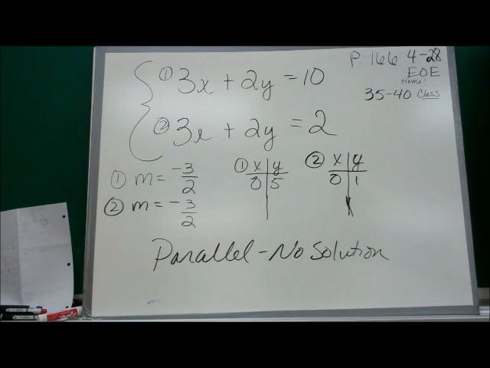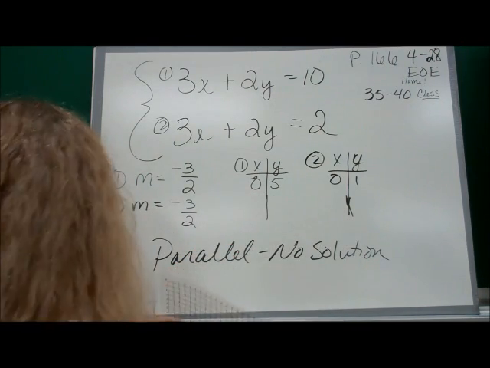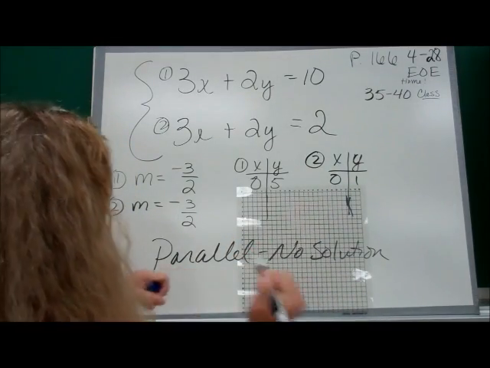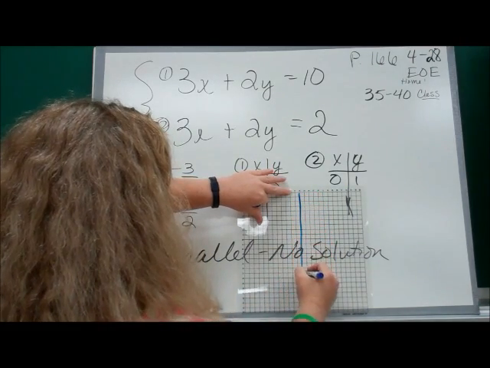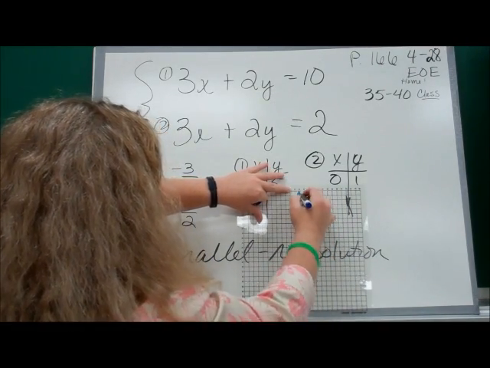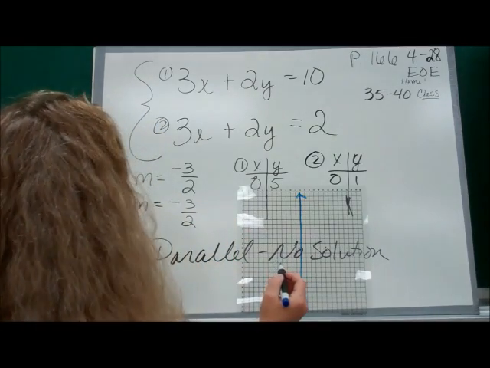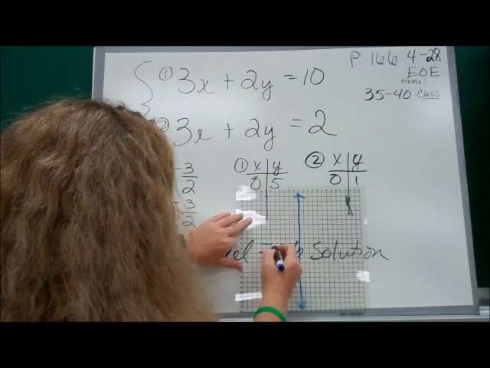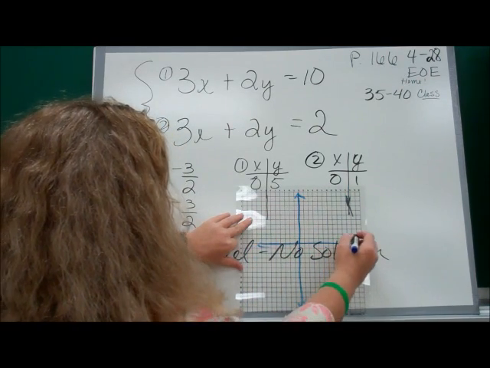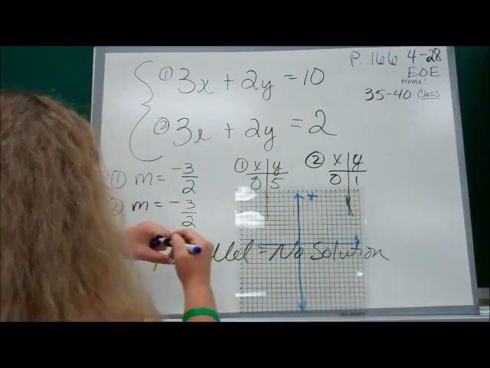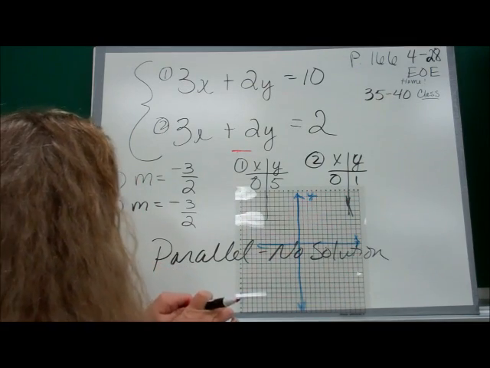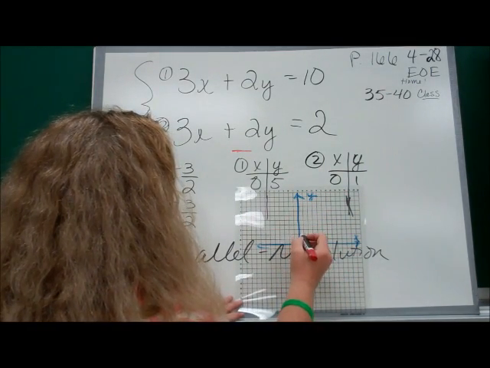Okay, and I did that without graphing, but we can actually graph these. I'll use a different color. My axes will be blue. Hopefully you can see them. Equation 1 will be red. Plot the y-intercept, which is 0, 5.